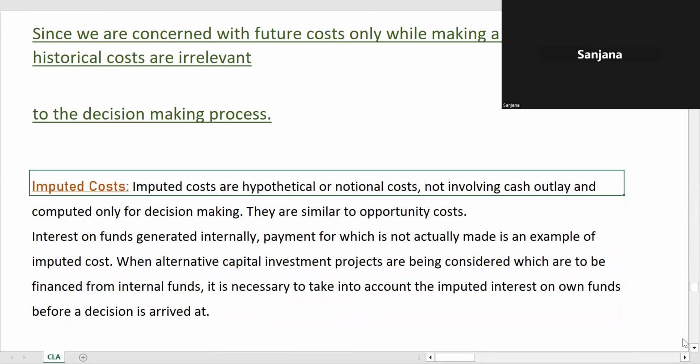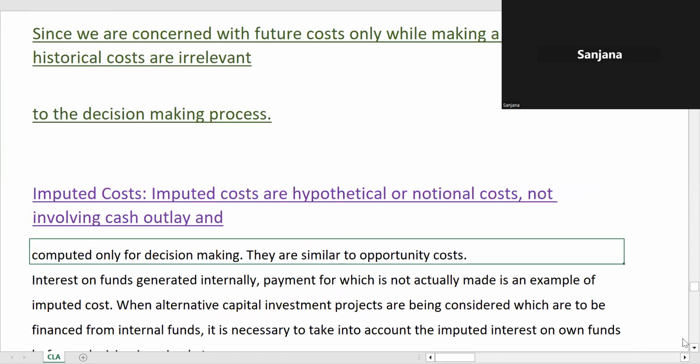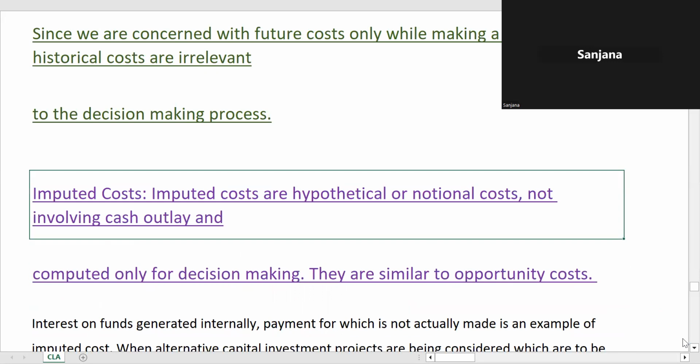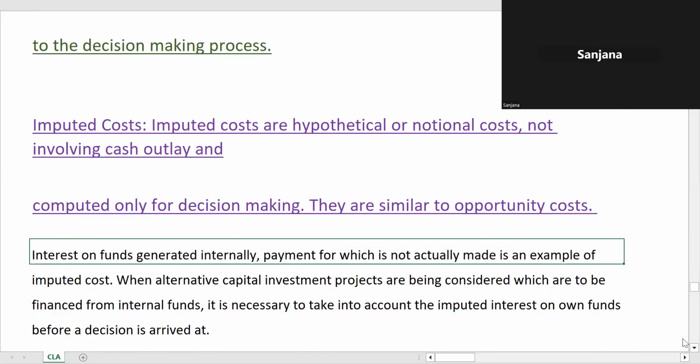Then comes imputed cost. Imputed costs are notional costs, hypothetical costs, which do not involve any cash outlay and are used only for decision making, similar to opportunity cost, but not opportunity costs.